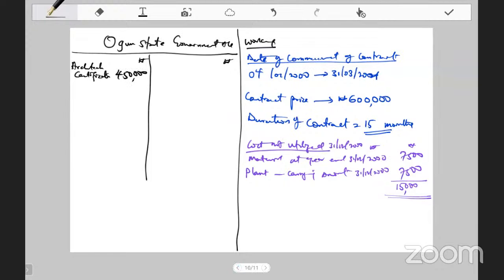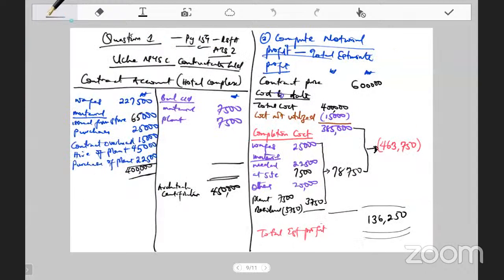Okay. What's the next information that we have? On that date, estimated cost of work done but not yet certified was 25,000. So we say work not certified. How much is the work that has not been certified? 25,000. So that is that. Next, what do I have?